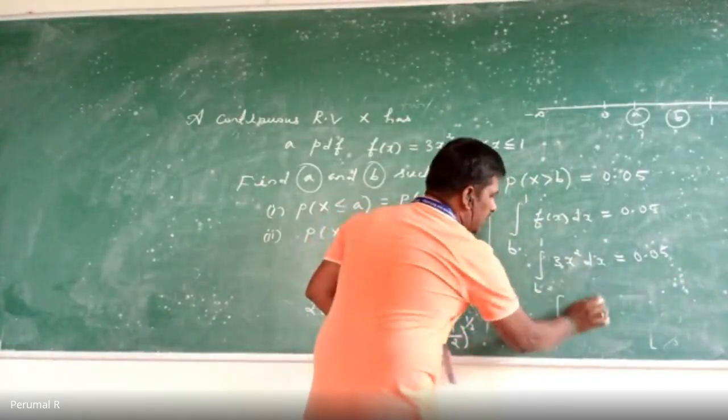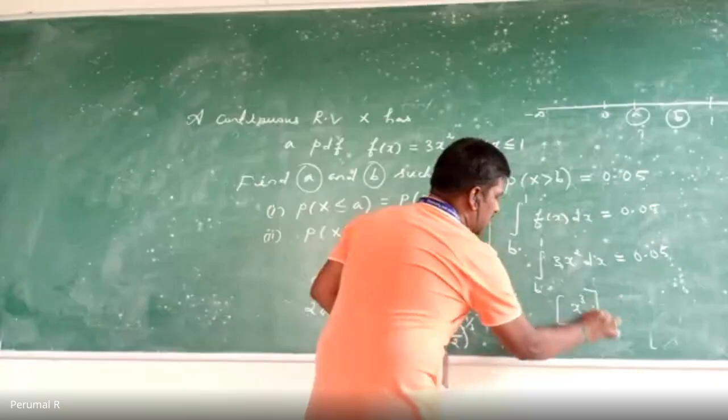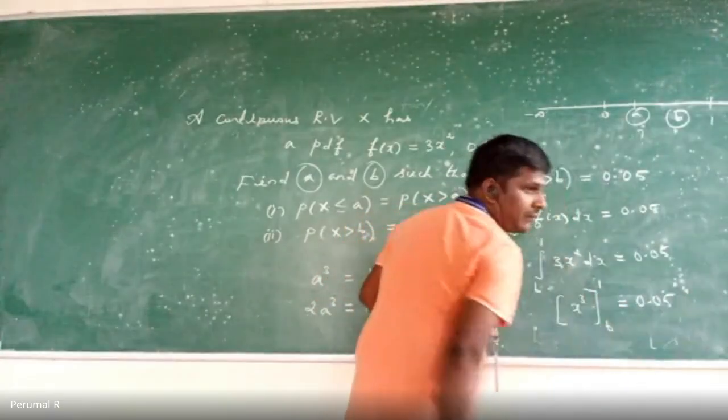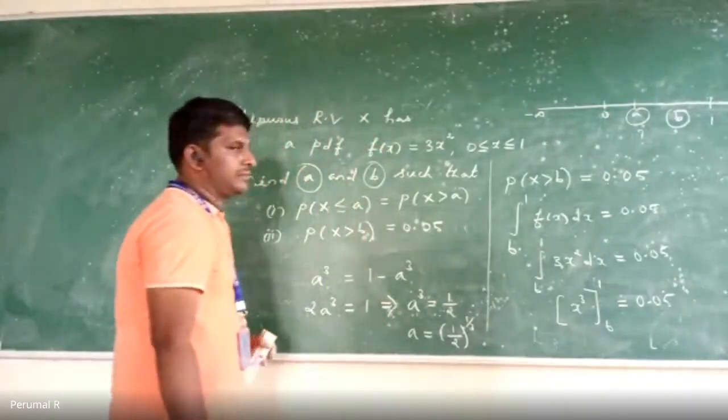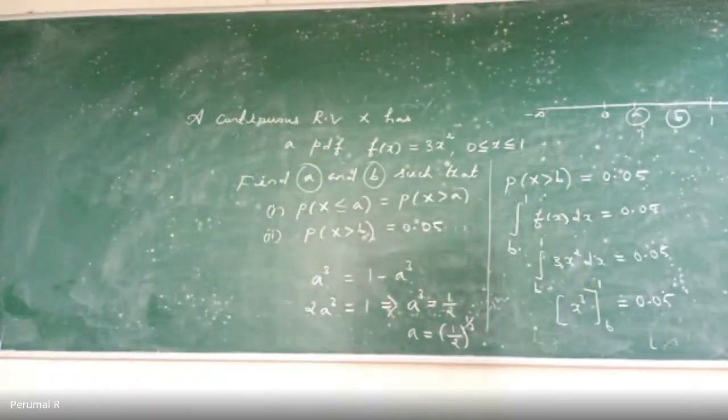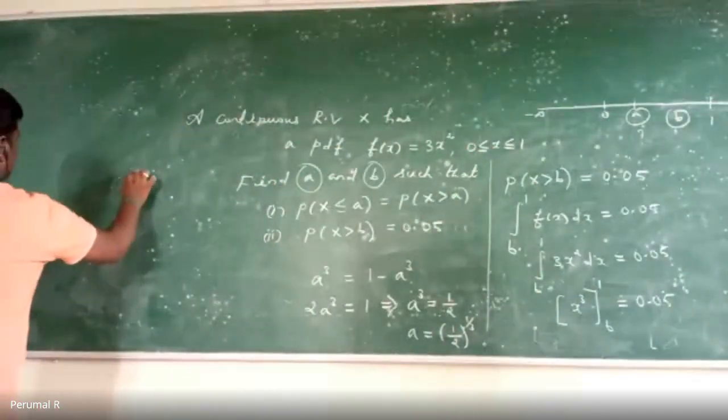So x cube limit from b to 1 equal to 0.05. So what is the value for b? It is 0.95 to the power 1 by 3. So the b value becomes 0.983.